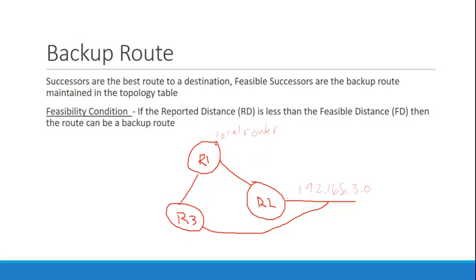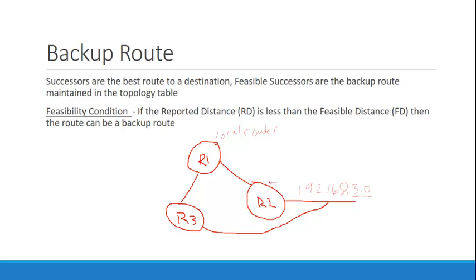All right. So R1 needs to calculate its best route to the 192.168.3 network. Its neighbors are both reporting routes, right? Because they're both connected. R3 and R2 are reporting a route. Those routes will be in the topology table. R2 will report its distance to get to the 3.0 network. That's called reported distance.